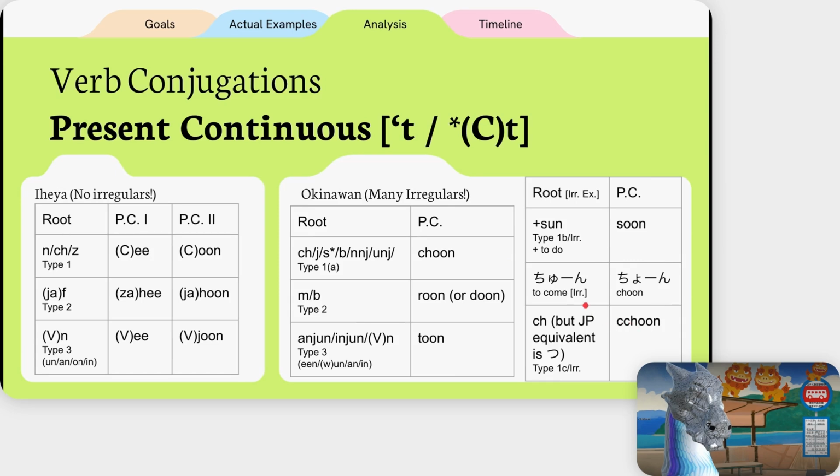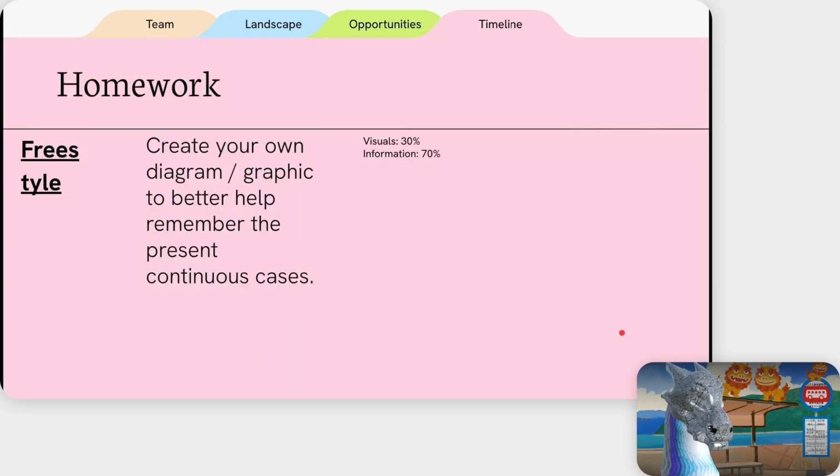So, okay, now that I've covered everything, I'm just gonna cover all your homework, so that people who are rewatching this on YouTube, who are technically in my class, that I forgot to upload that, I'm just gonna restate this again. Just create your own diagram or graphic to better understand the present continuous case with visuals and information being 3% of 70% as follows.